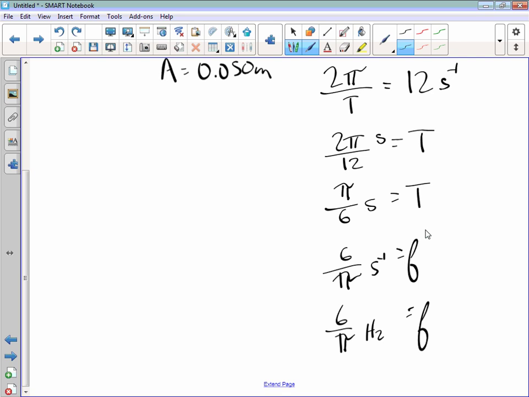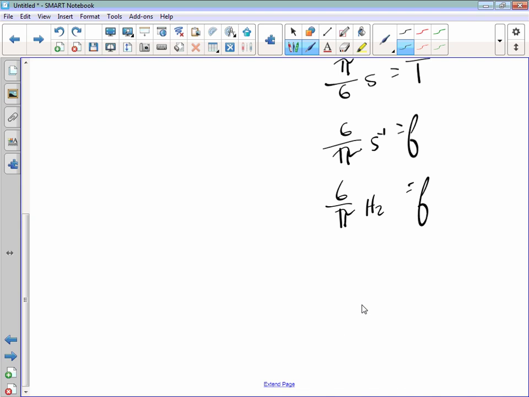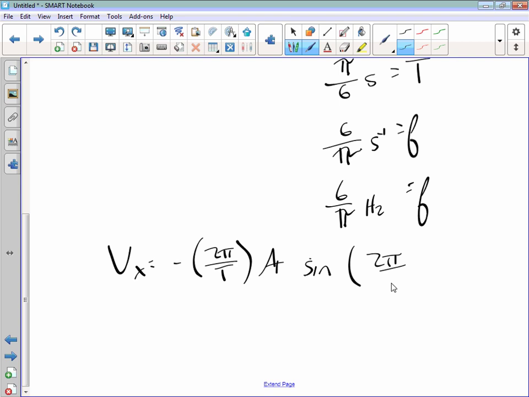Using other equations, we can find out the velocity of the wave and the acceleration of the wave. Well, velocity in the x direction was negative 2 pi over the period times amplitude times sine of 2 pi over period multiplied by t. So we can do stuff with that. Our period, we said earlier, was pi over 6 seconds.